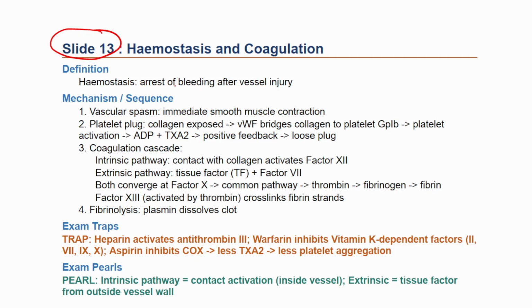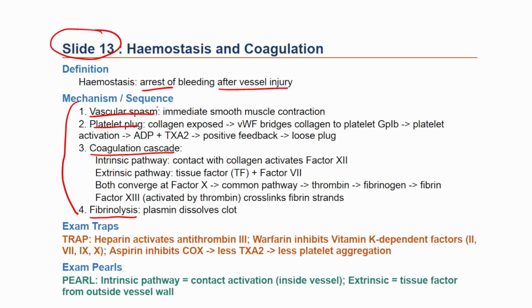First, hemostasis is defined as the strictly regulated physiological process responsible for the arrest of bleeding following a structural vessel injury. The hemostatic response operates as an integrated cascade consisting of 4 tightly linked milestones. First, vascular spasm, then platelet plug formation, the coagulation cascade, and finally fibrinolysis.